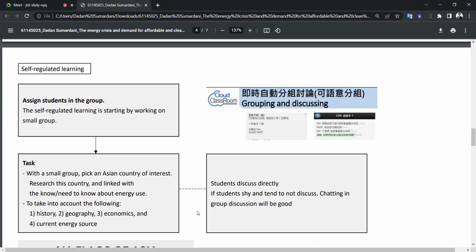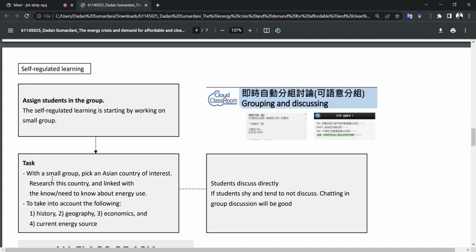So for the next step, we try to have self-regulated learning. So we assign students in a group, starting by working in small groups.